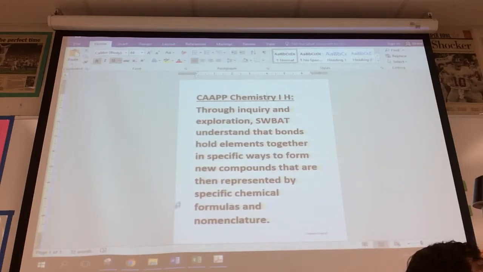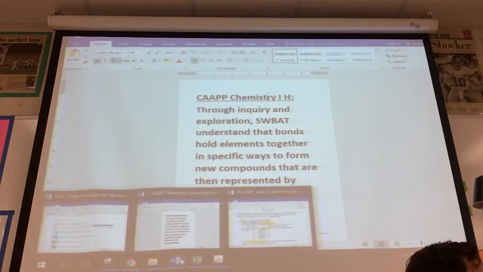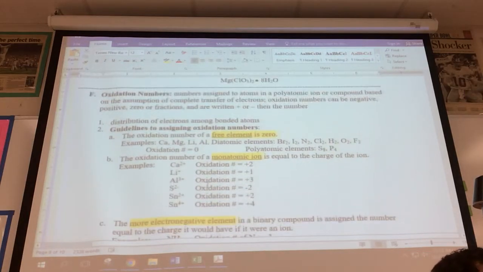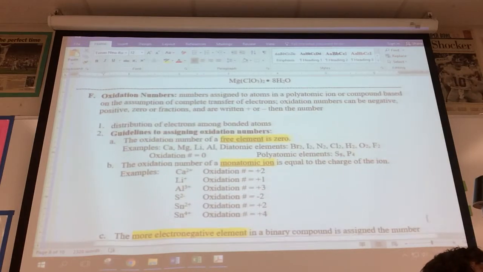The other piece of the quiz, which is really two quizzes in one, or 1.5 quizzes in one, is going to be on oxidation numbers. So we're going to start with oxidation numbers today. This is the trickiest part of the chapter. It's very mathy. It's basic algebra, but you have to be able to solve simple algebraic equations.